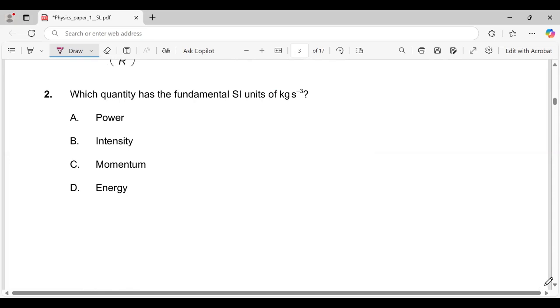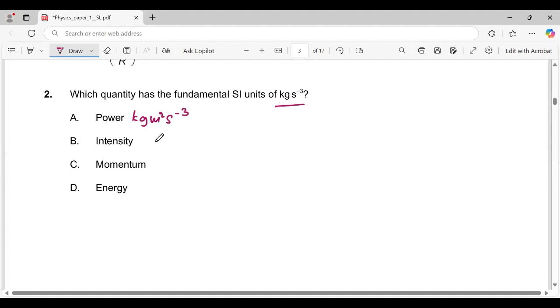Which quantity has the fundamental SI units of kg s to the power minus 3, or kg over second cubed? For power, the unit is kg meter squared second to the power minus 3.